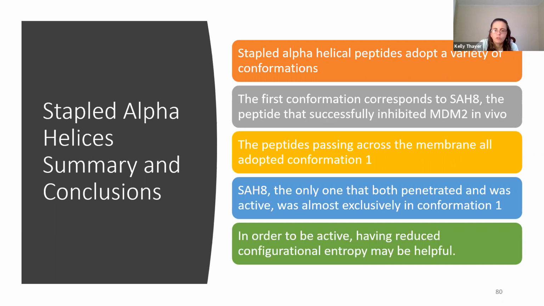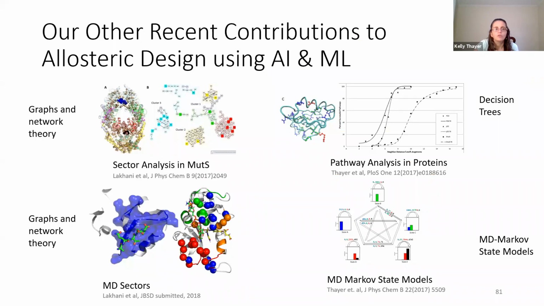SAH8, which is the only one that both penetrated and was active, was almost exclusively in conformation 1, that alpha helical shape. So in order to be active, having reduced configurational entropy, that is, being in only a single conformation, may be what is most helpful.